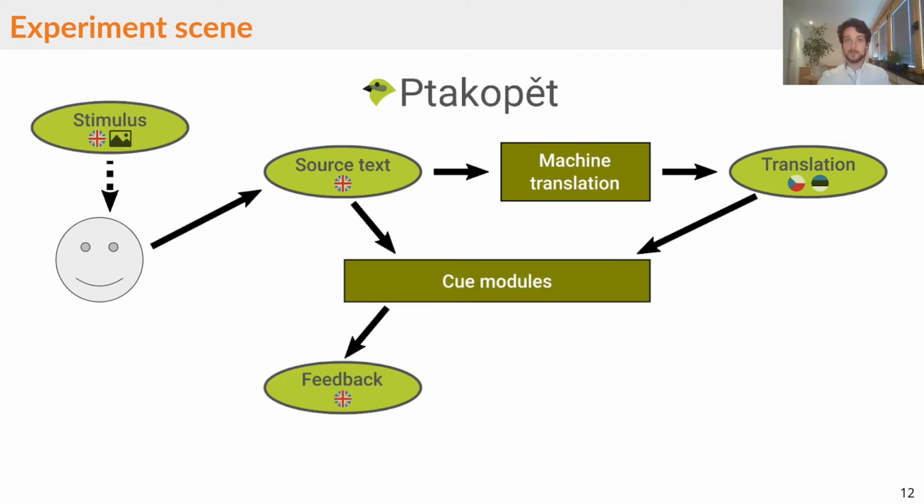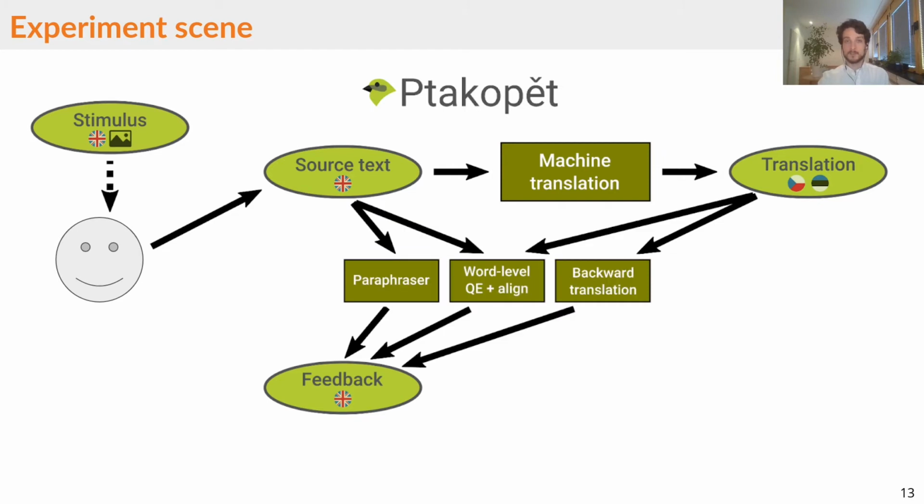At the same time, the user is given feedback, cues about the quality of the translation. Unlike the translation, the cues are in English, so the user understands them. In particular, the modules producing cues are a backward translation system, paraphrase, and word-level quality estimation projected through word alignment to the source text.